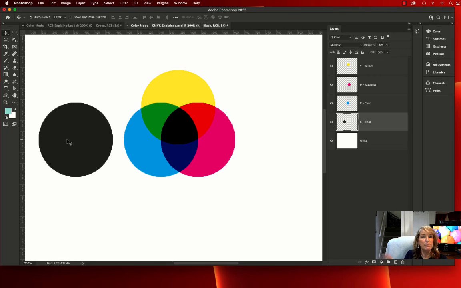So again, make sure you please watch the RGB video. Keep in mind, at a high level, CMYK is for print. With CMYK we start with white. CMYK is based on ink. CMYK is subtractive.